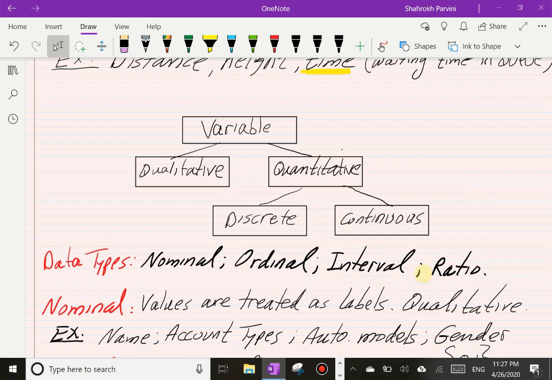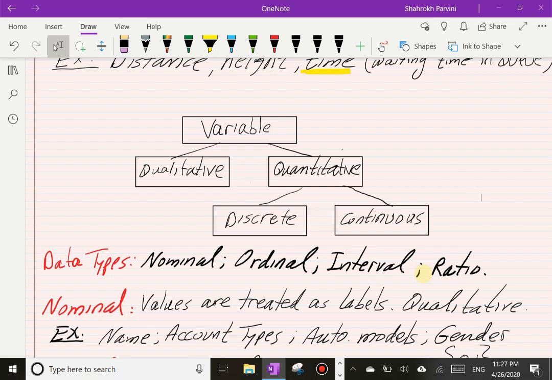A person's political affiliation is going to be nominal, right? You have independent, Republican, Democrat, other. A person's religious affiliation is nominal. And typically, by the way, almost all demographic information is nominal.